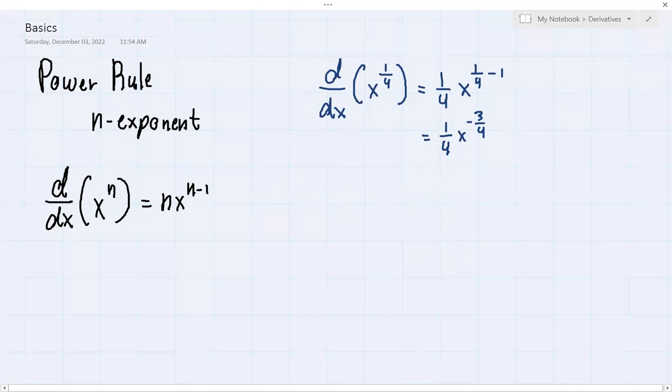So sa mga hindi nakagets kung paano nakakuha ng negative 3/4, I use one of the techniques to get the answer for this one. So there are two techniques here that I would like to share. Okay? So di ba 1/4 minus 1? Ang first technique rito is yung pag-convert ng mixed fraction into an improper fraction. So basically, first thing to do is multiply the denominator to the whole number.